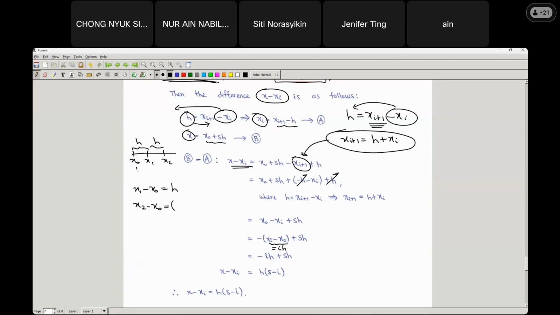So x2 minus x0 is equivalent to 2h. So if I have x_i minus x0, that means I will have i times h. Because here is 2, if it's i, then here we have i. You can factorize, and at the end you get this formula: x minus x_i is equal to h times (s minus i).